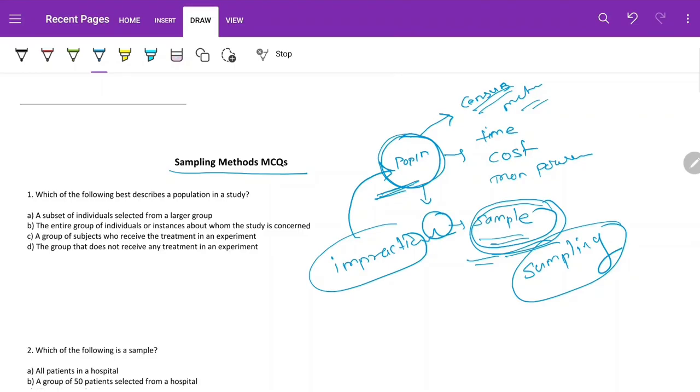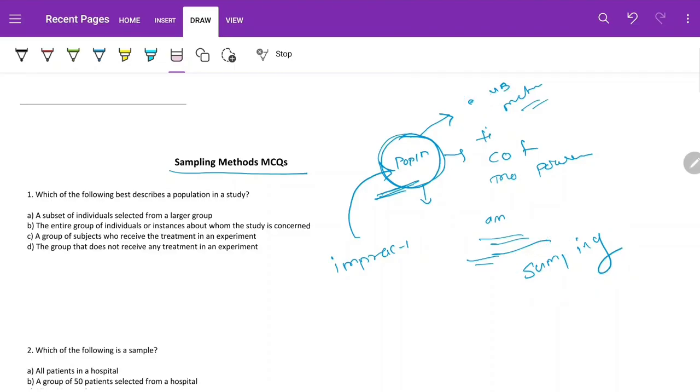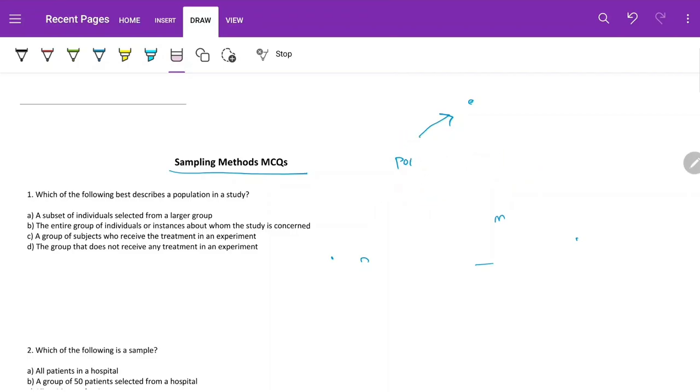Now the sample we are selecting should be well representative of the population, because our main aim is what? To get the results about the population using the sample. We want to predict something about the entire group of study which we are interested in by using this sample.